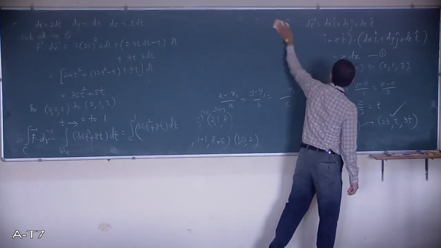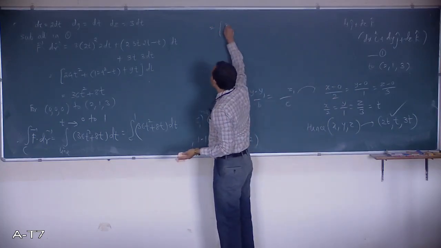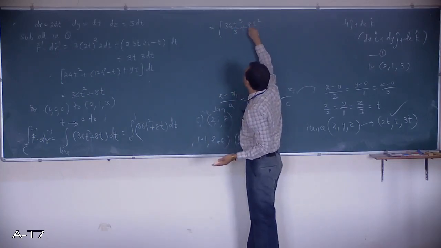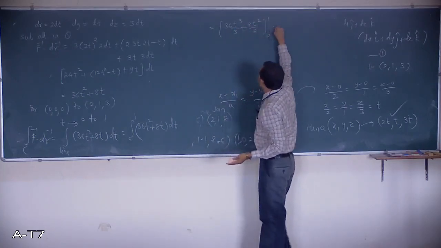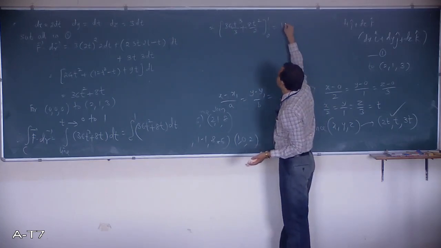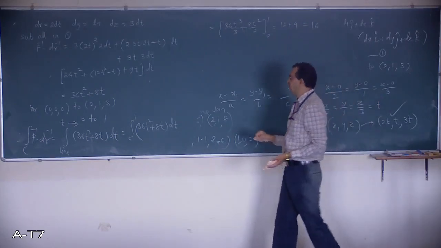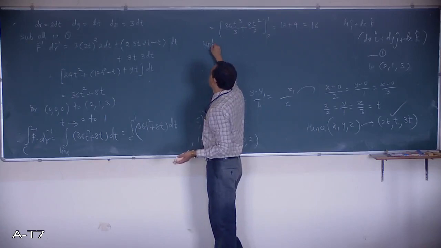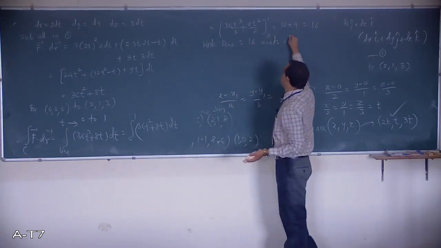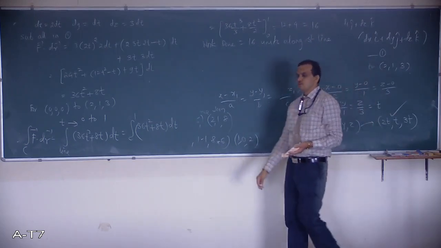So it is 36 t cubed by 3 plus 4t square, and it's all over limits 0 to 1. First limit is only available because second is 0. So it is 36 by 3, which is 12, plus 4, and hence work done is 16 units along that straight line joining 0, 0, 0 to 2, 1, 3.